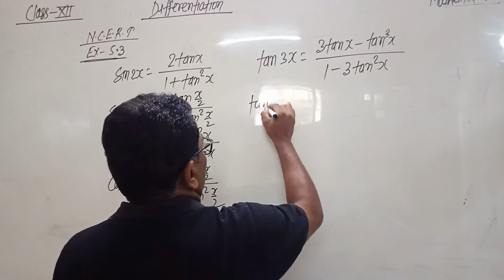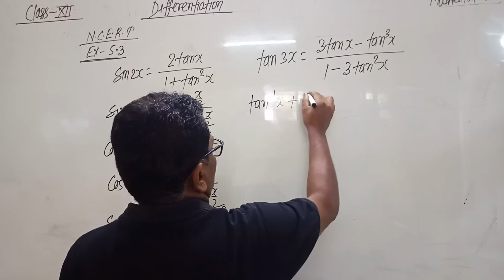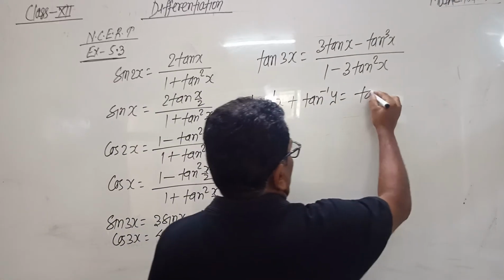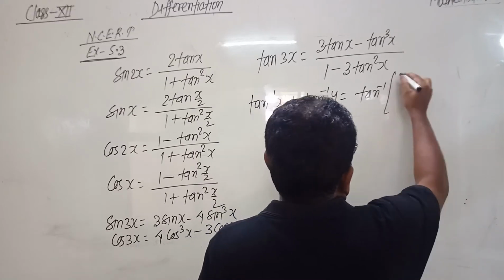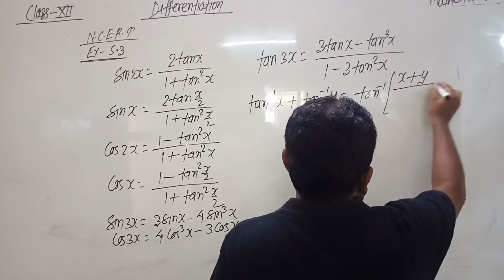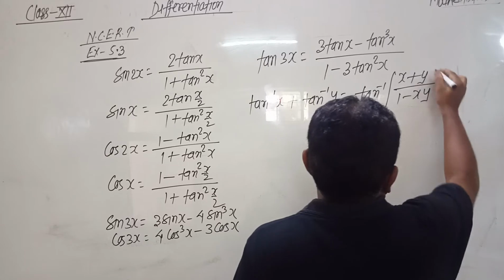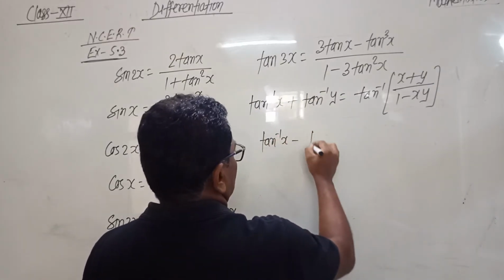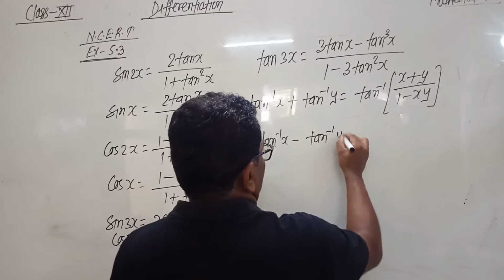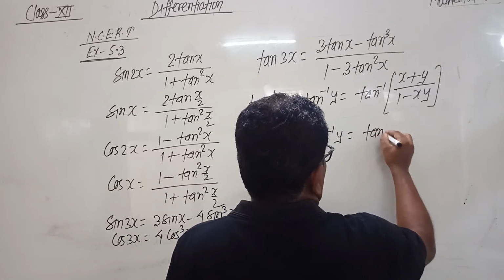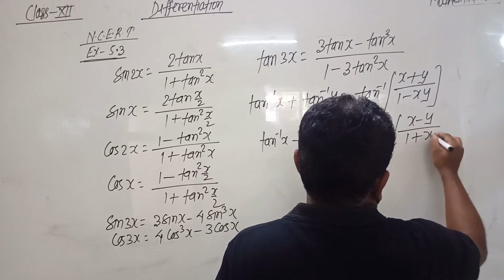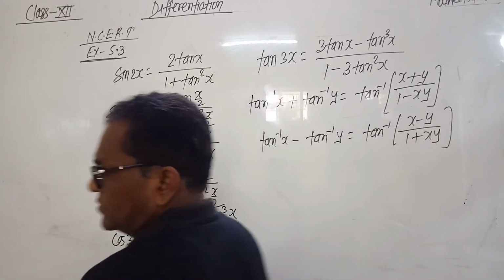The formula for tan inverse x plus tan inverse y equals tan inverse of x plus y upon 1 minus x into y. The formula for tan inverse x minus tan inverse y equals tan inverse of x minus y upon 1 plus x into y.